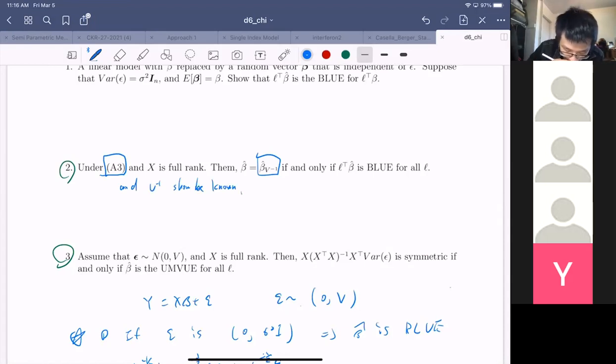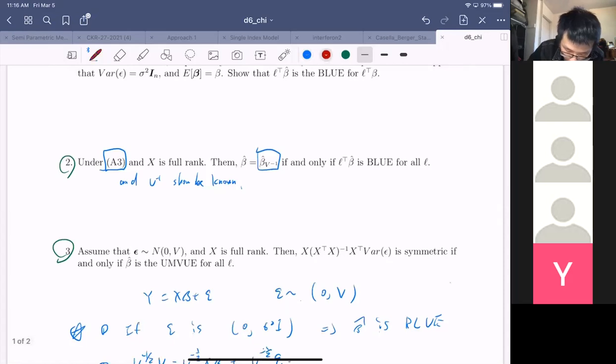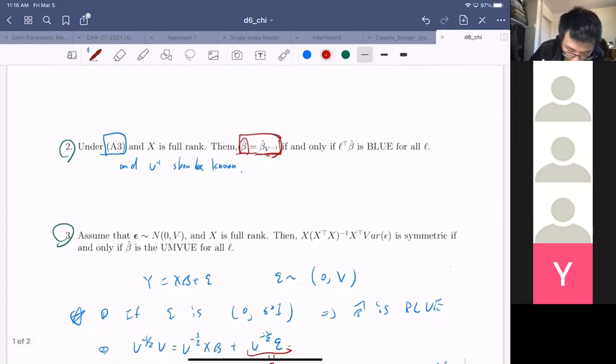Yes, you can say that. The key is important because we don't know V. So if these two are equal, then we can have the estimator, and we can say it's BLUE.